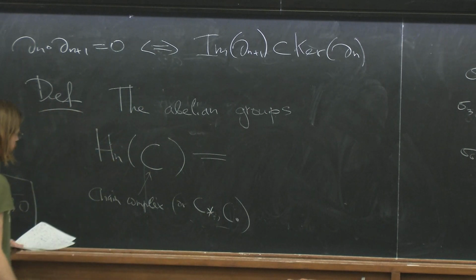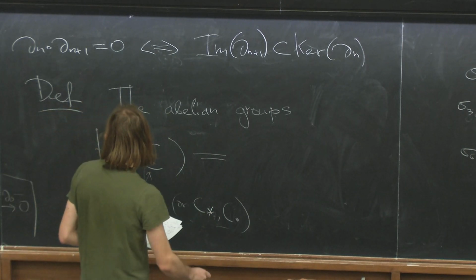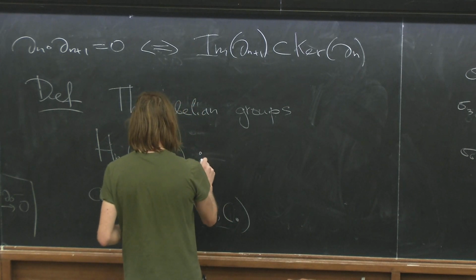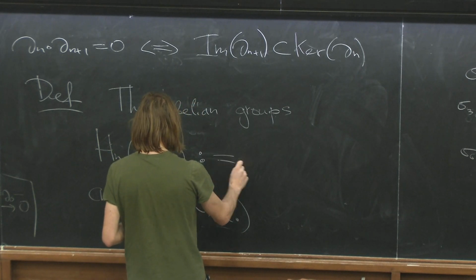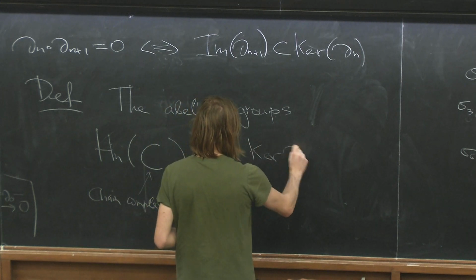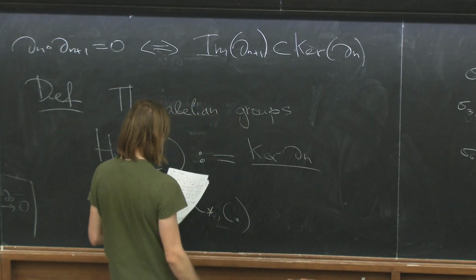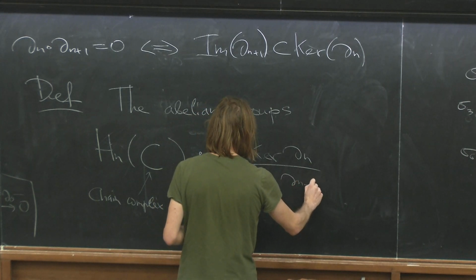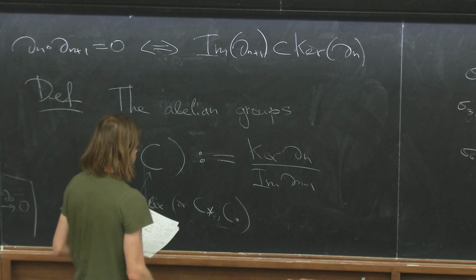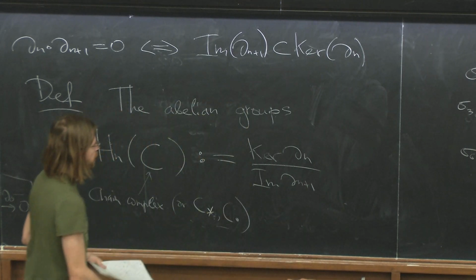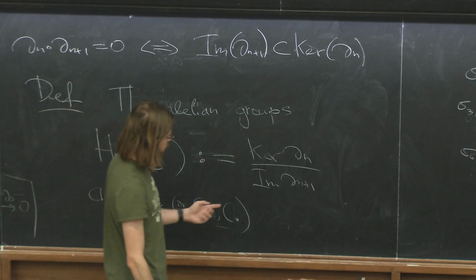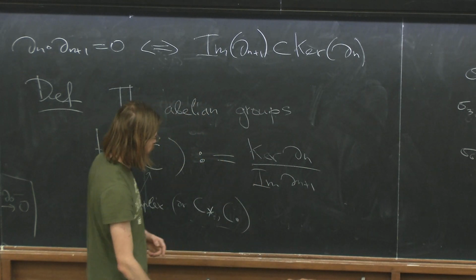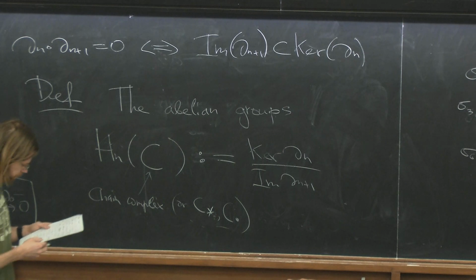So this Hn of C is defined as a quotient of the kernel of Dn divided by the image of Dn plus 1. This is okay to do because the image is a subgroup of the kernel.